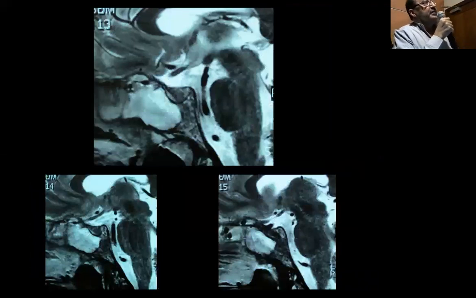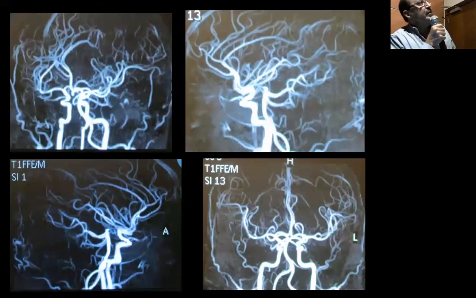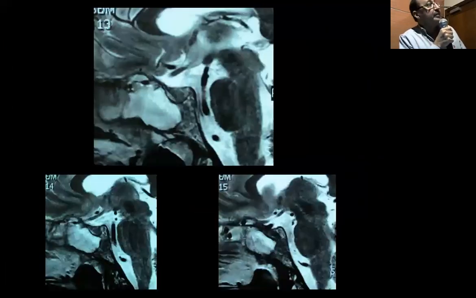Sagittal T2 weighted, there is some erosion of the clivus. Next. This is very important.